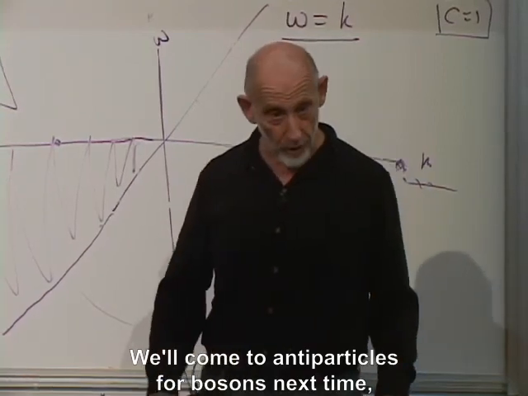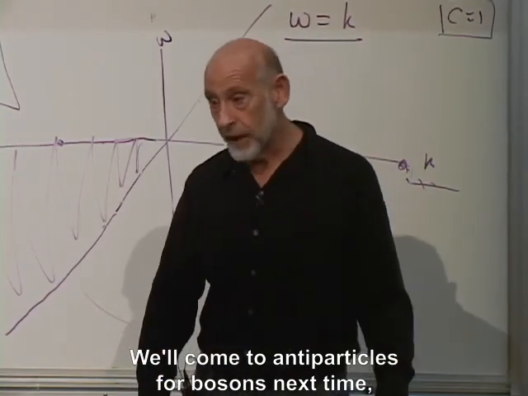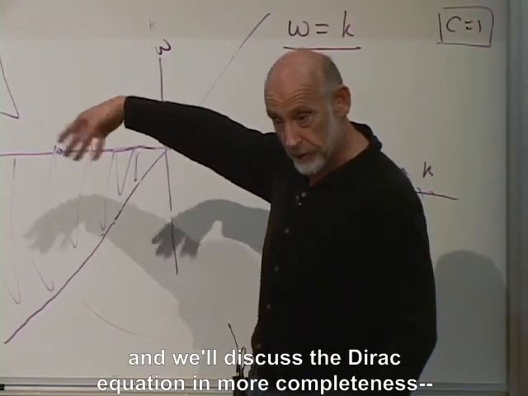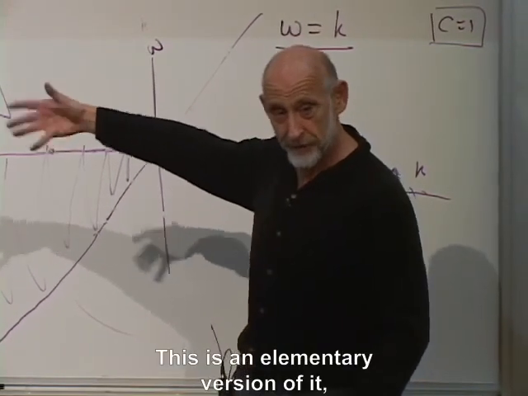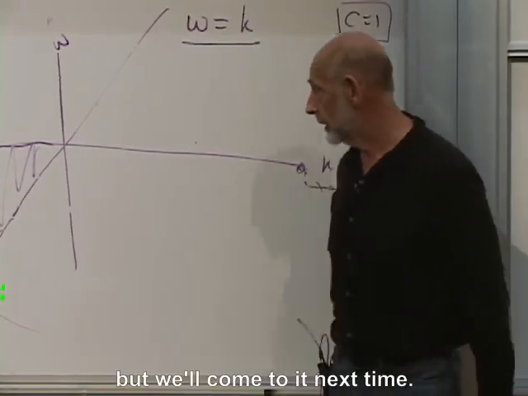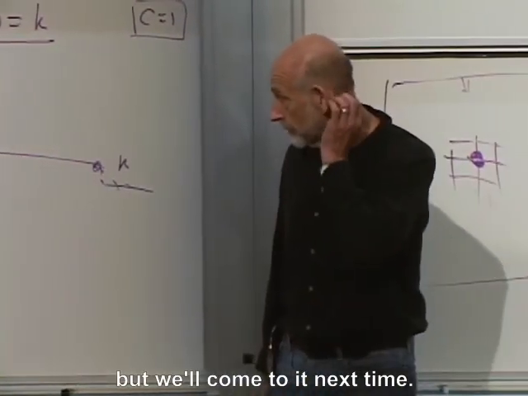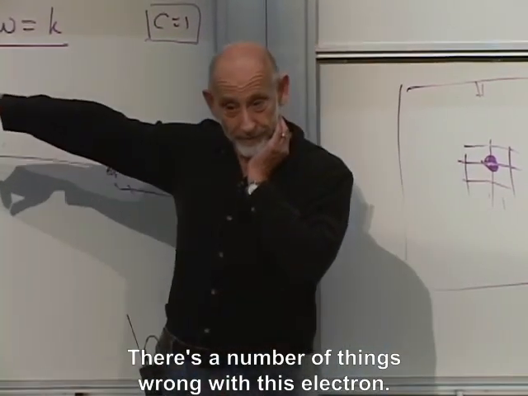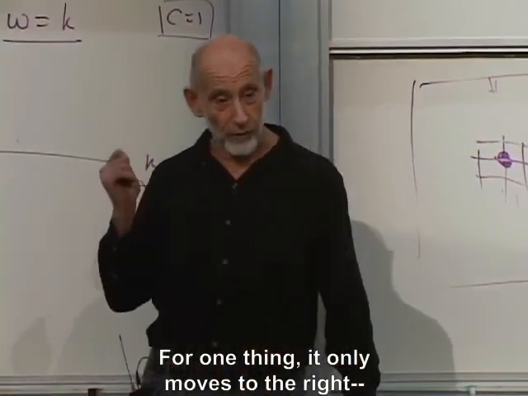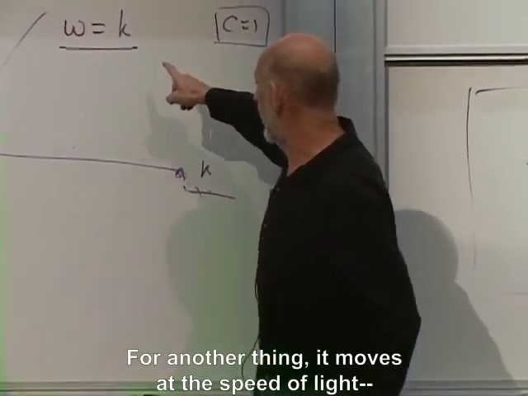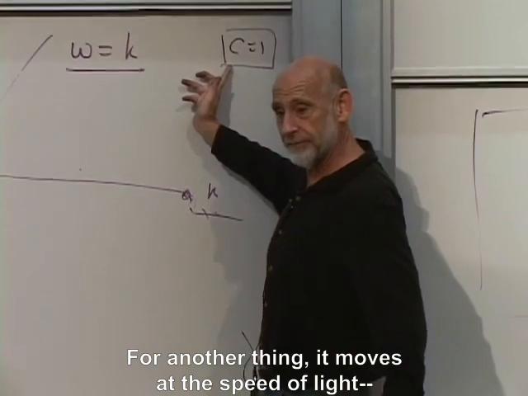We'll come to antiparticles for bosons next time, and we'll discuss the Dirac equation in more completeness, the real Dirac equation. This is an elementary version of it, but we'll come to it next time. There are a number of things wrong with this electron. For one thing, it only moves to the right. That's crazy. For another thing, it moves with the speed of light.